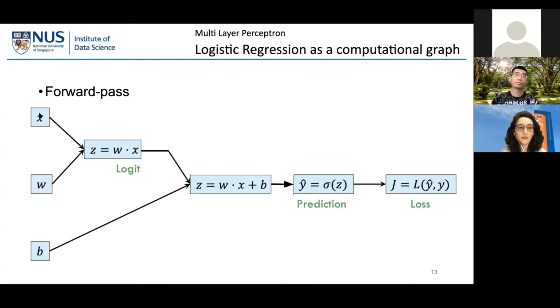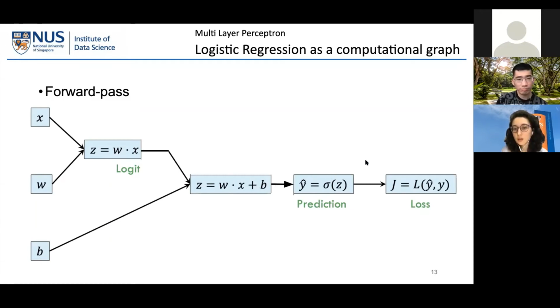Here you have, as input, 3 main things. X, which would be your sample feature, okay? W, the weight, and B, the bias. First, you can do some scalar product on X, on your feature. So you weight your feature by some weight, W. Then here you add the bias.